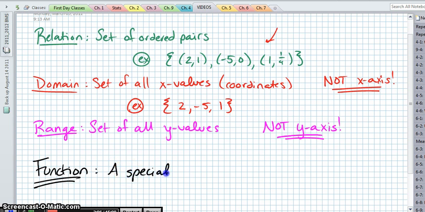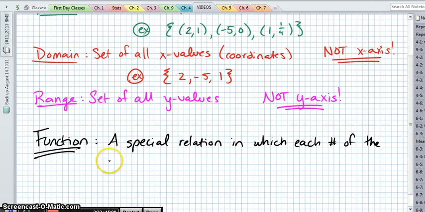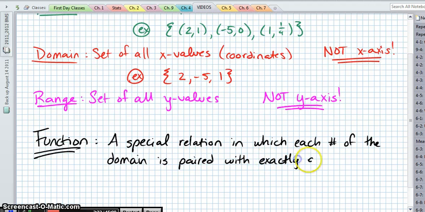So it's a special relation, a special set of ordered pairs in which each number of the domain, and we're talking the x values, is paired with exactly one number in the range, y values.